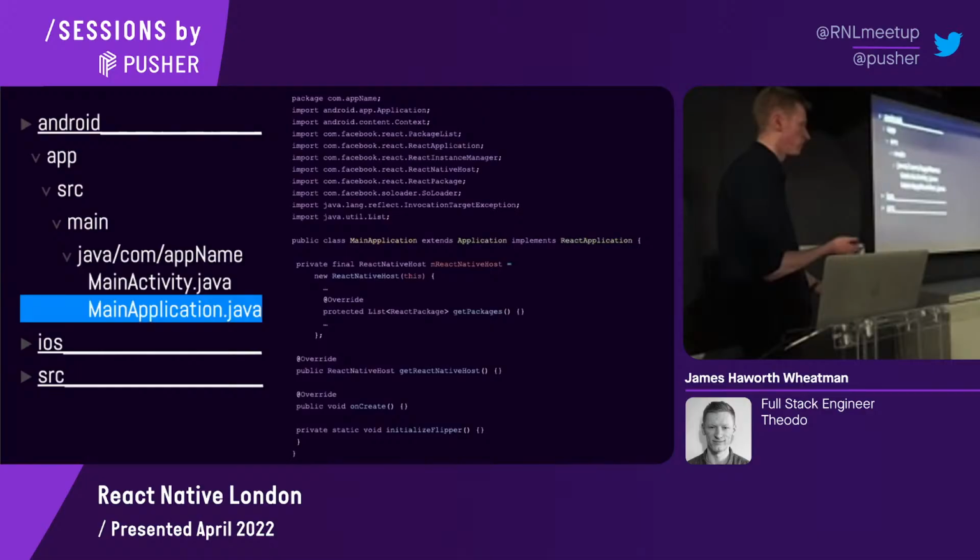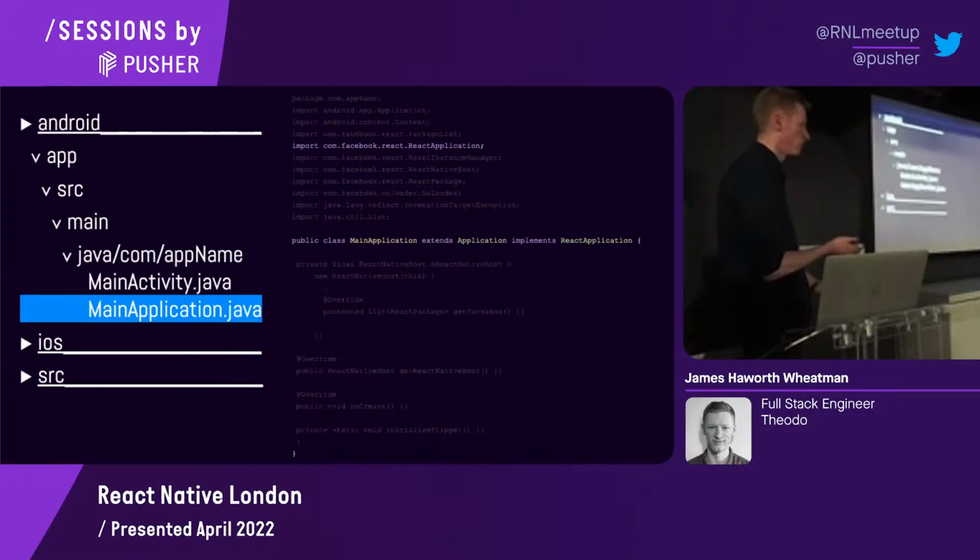So just taking a quick look inside the main application, the important thing here is it's just a regular main application. And we're importing some of these things from a place called com.facebook.react. So a lot of the abstractions are actually coming from the React Native library.